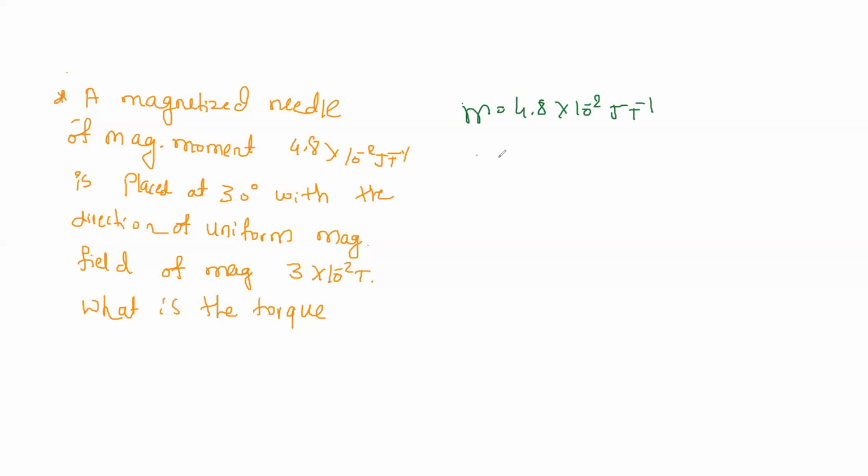So theta is equal to 30 degree with the direction of the uniform magnetic field of magnitude. The magnetic field value is given. It is 3 into 10 raised to minus 2 Tesla. Then what is the torque acting on the body? You only do this and tell me the answer in the chat box. Because I have already given you the list.